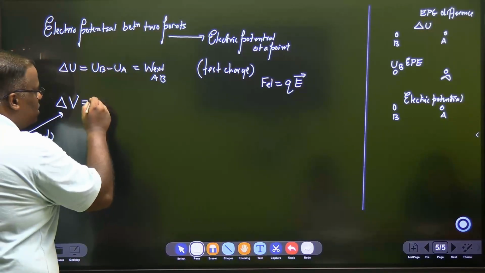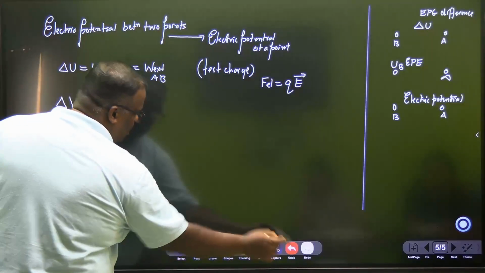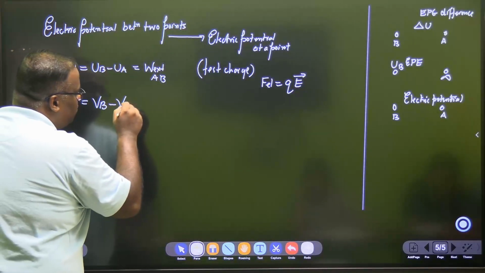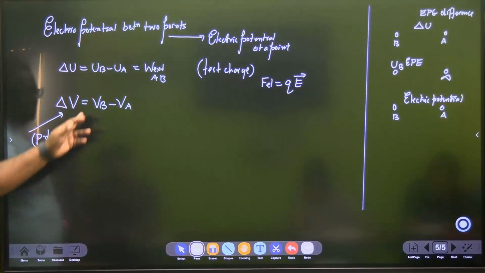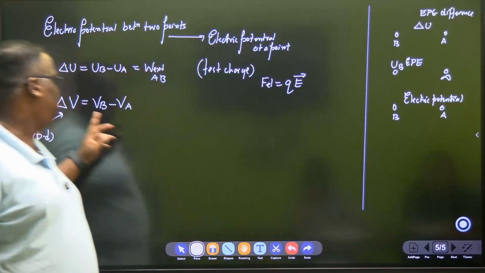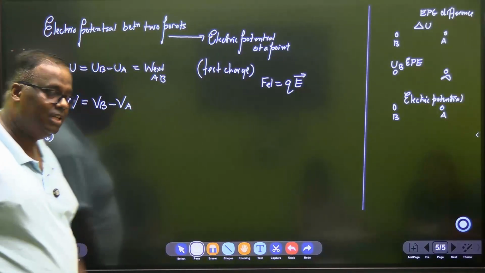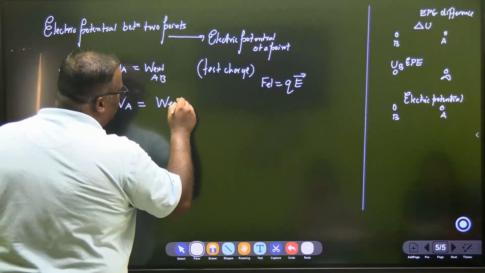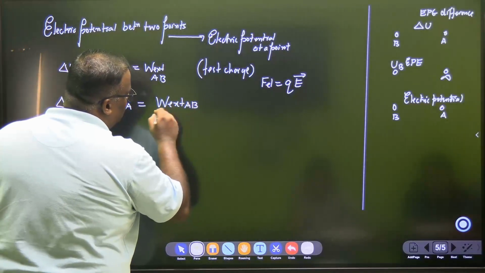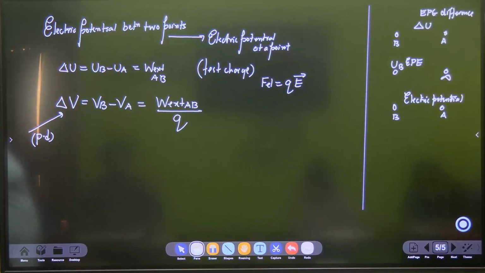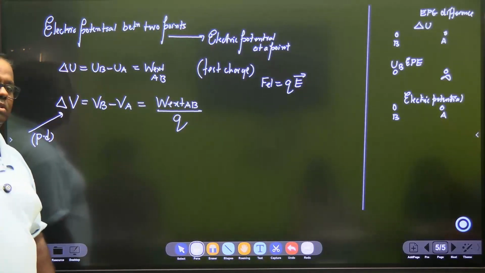Sir, the 2 points are the same 2 points. VB minus VA. What is VB? Potential at B. What is VA? Potential at A. Sir, what is this? The external work done from A to B divided by the charge that you brought. Understood?